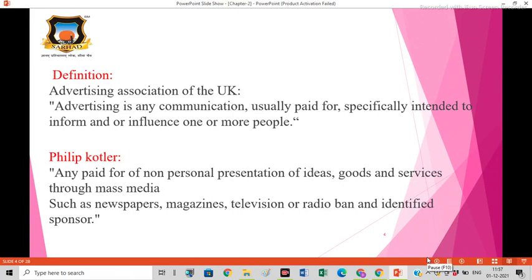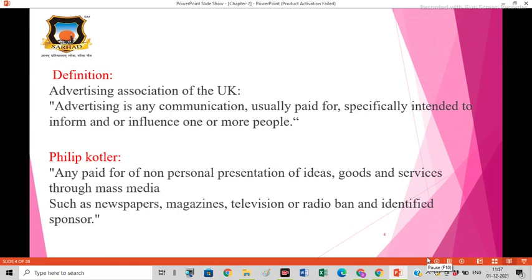See the definition. According to the Advertising Association of the UK, advertising is any communication, usually paid for, specifically intended to inform and or influence one or more people.